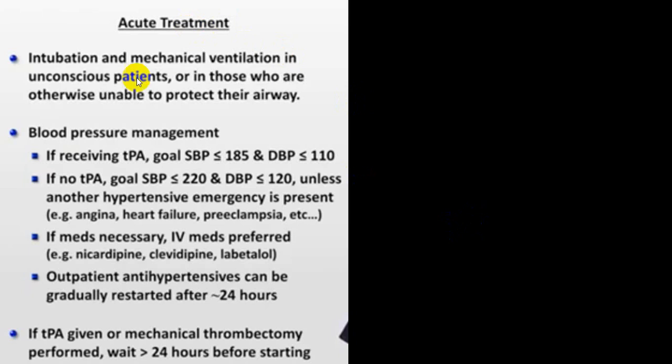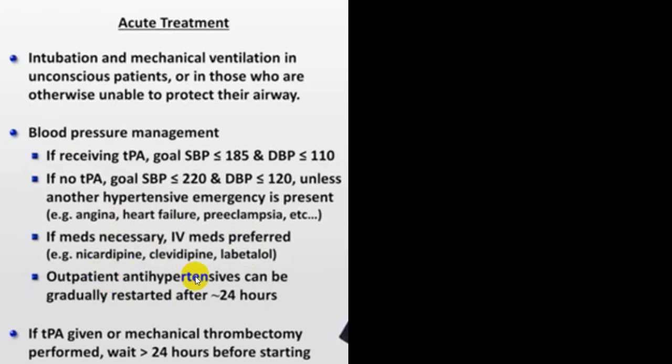So during acute treatment, stabilization, TPA, if he is receiving TPA, his blood pressure should be less than 185 and 110. If no TPA, your goal systolic blood pressure should be reduced in hypertensive emergencies. If medical treatment is necessary, IV medications like nicardipine or labetalol, etc. should be utilized.